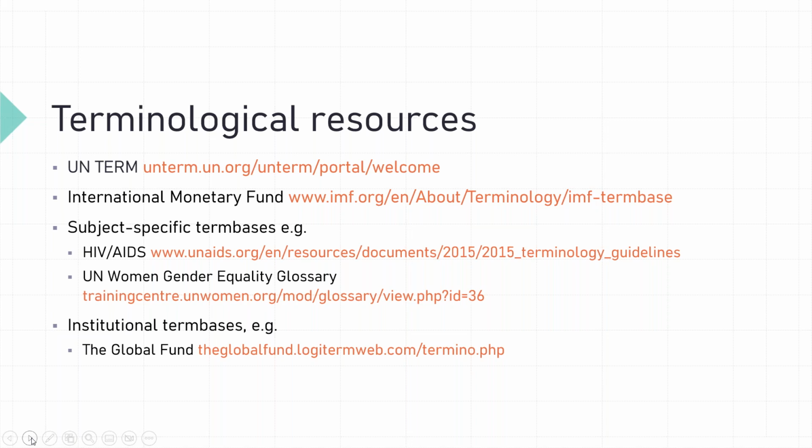The Global Fund to fight AIDS, malaria, and TB, for example, has its own term base, which again is easily accessed by anyone. But I wouldn't neglect either the glossaries you create from all the reading that you've done about the sector. They will be equally useful as some of these other more broadly available ones.